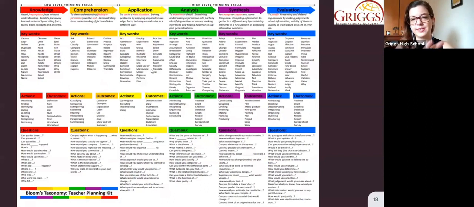So I printed one of this sheet, of this table for me. And when I'm preparing class, I put it in front of me, in front of the computer, and I take a look at these words, because then I can have ideas. Okay, what do I want my students to do?